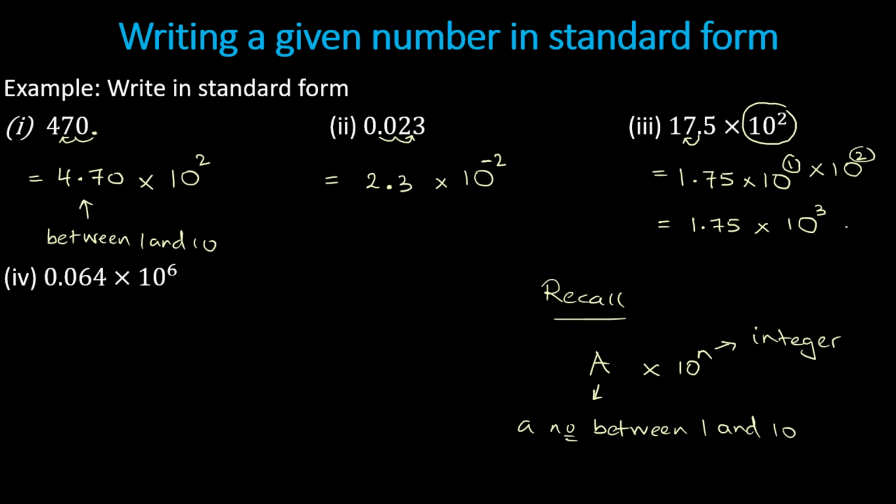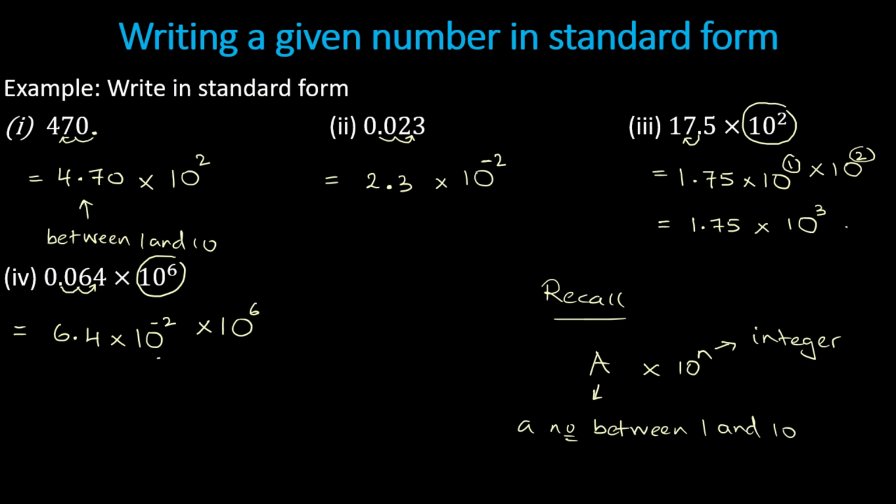Okay, the fourth part, we have 0.064 times 10 to the power of 6. Again, forget the 10 to the power of 6, right? Concentrate on the 0.064. The decimal point is here, so we need to bring it till we obtain a number between 1 and 10. Here we are, 6.4. Right? Times 10 to the power of how many places have we moved? 2 places to the right, meaning negative.